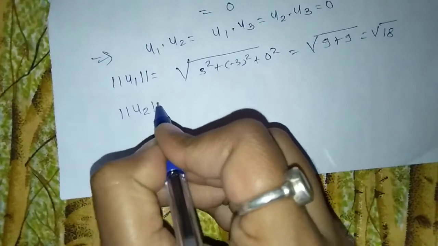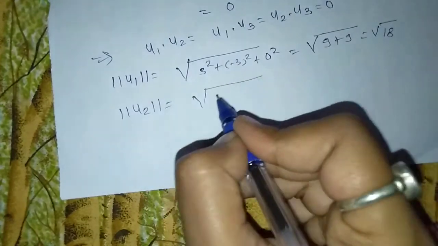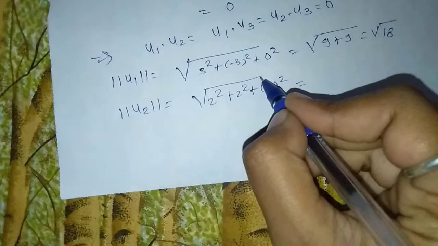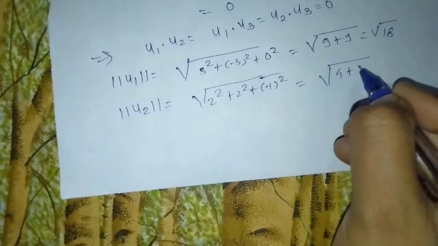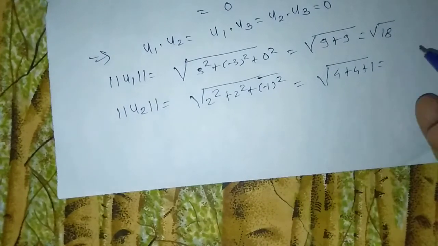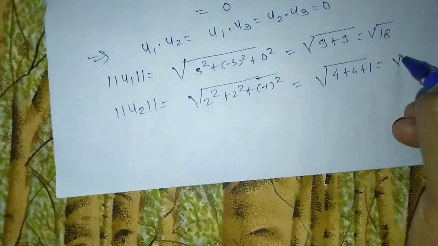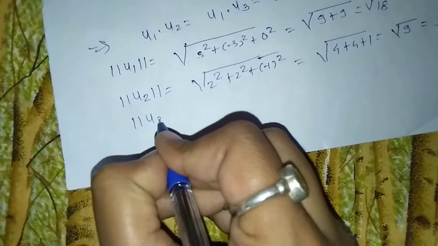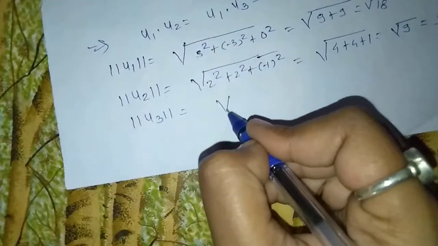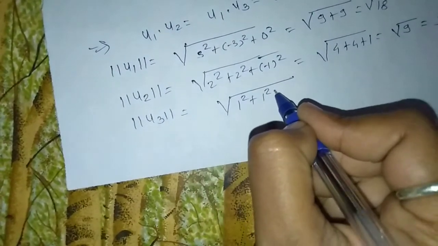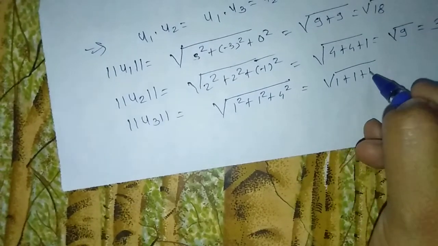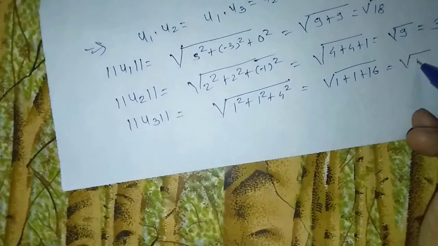Next, norm of U2 is equal to the square root of 2 squared plus 2 squared plus (-1) squared, equal to 4 plus 4 plus 1, the square root of 9, equal to 3. Norm of U3 is equal to the square root of 1 squared plus 1 squared plus 4 squared, equal to 1 plus 1 plus 16, equal to the square root of 18.